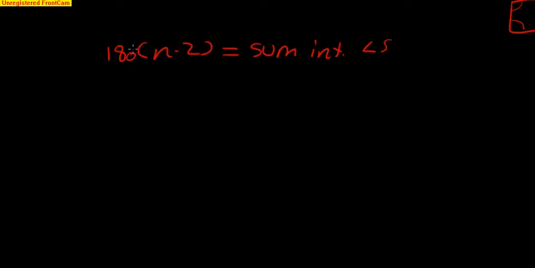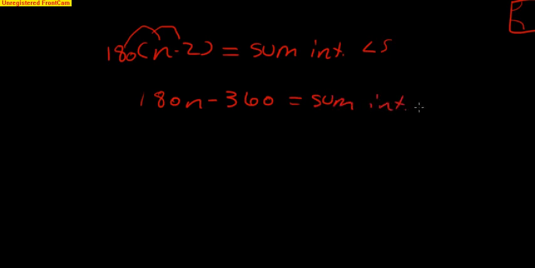Using the distributive property, we can distribute the 180 across. So 180n minus 360 is equal to the sum of the interior angles. Okay, that's great. Now, what we need to know is what is the measure of each interior angle?